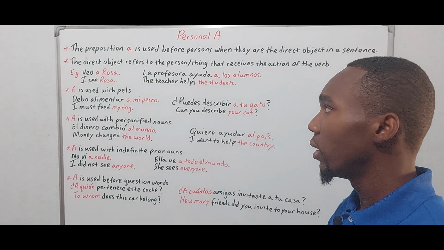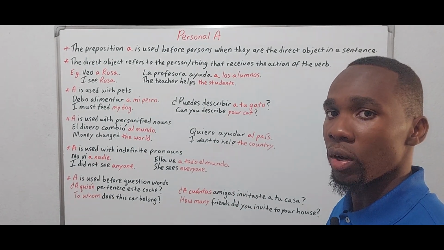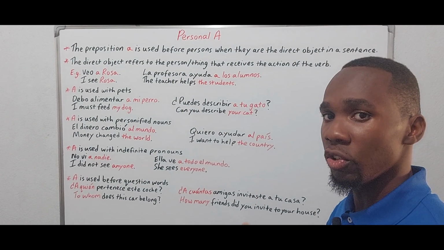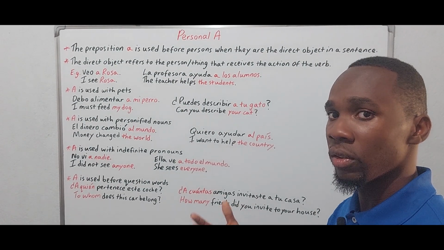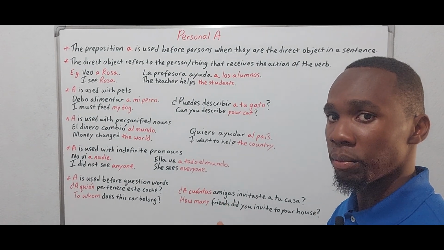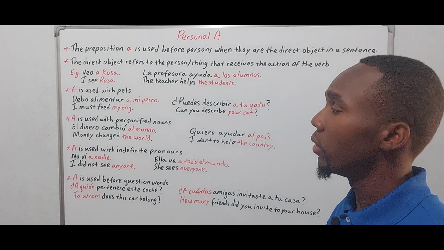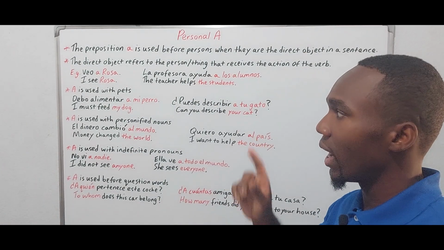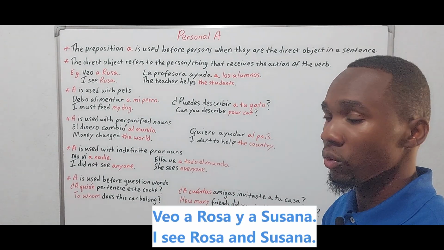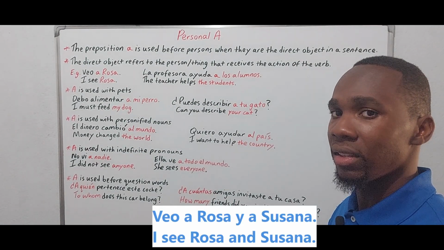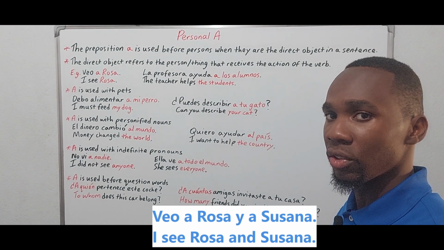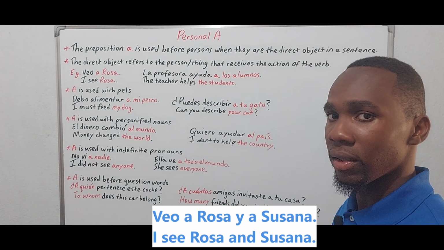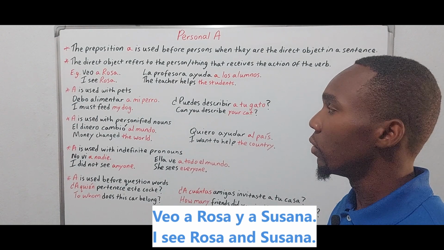And another thing, if we have more than one person, we need to use a before each of those persons, right? For example, veo a Rosa y a Susana. We need to place a before Susana as well, because Susana is a person, right?